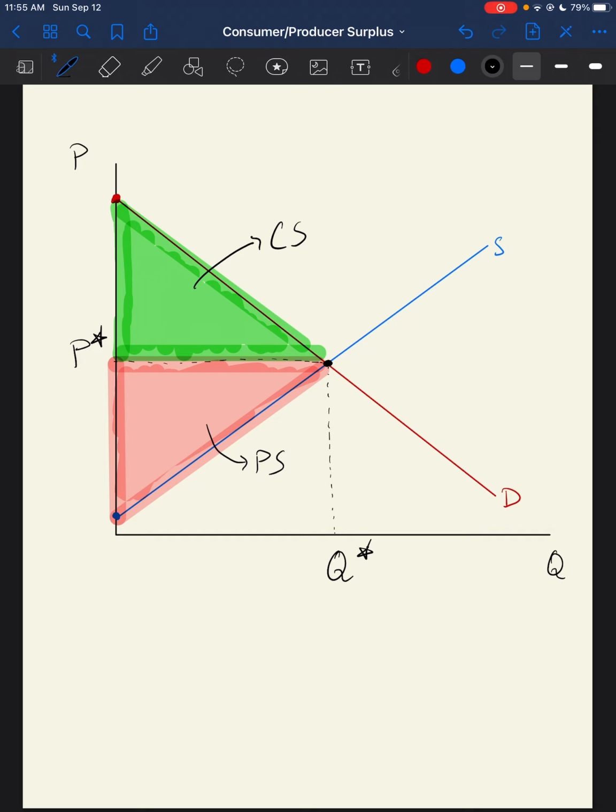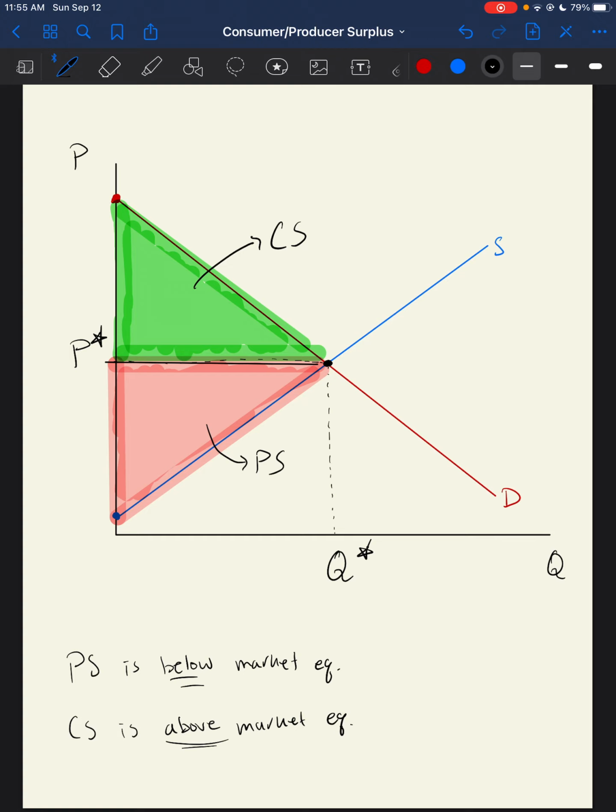What we need to keep in mind is that producer surplus is generally going to be below the market equilibrium, and consumer surplus is above the market equilibrium.